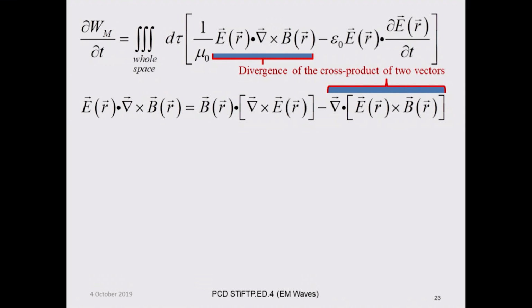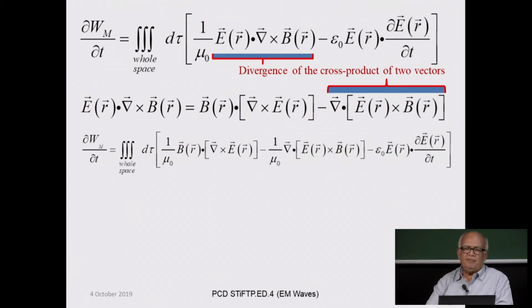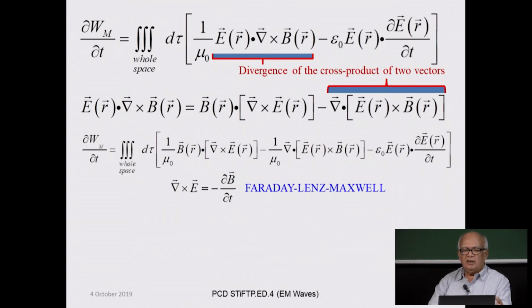But then you have got the E dot del cross B, and you can get this from the divergence of the cross product of E and B. You have got E dotted with the curl of B. So, get the divergence of E cross B and subtract that contribution.